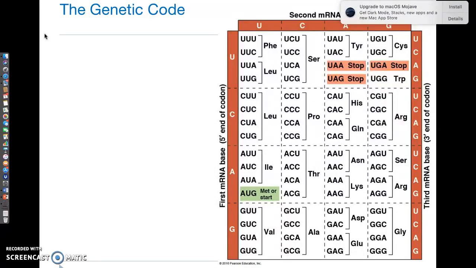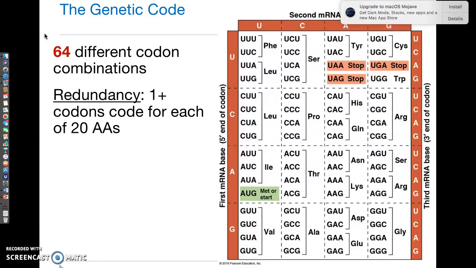So here's the chart which you will use to look at your mRNA codon, and you will be able to figure out what amino acid is going to be in that polypeptide or protein. So there are 64 different codon combinations of these letters, of these nitrogenous bases. Again, A's, U's, C's, and G's.